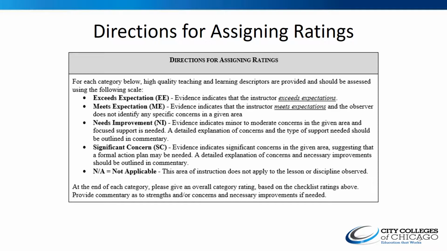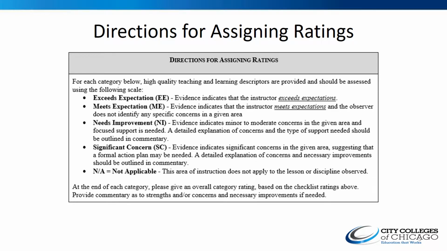As referenced earlier, if there is a needs improvement or a significant concern, evidence should then indicate the area in which improvement is needed, and a detailed explanation of concerns and the type of support should be outlined in your summary for that particular section.